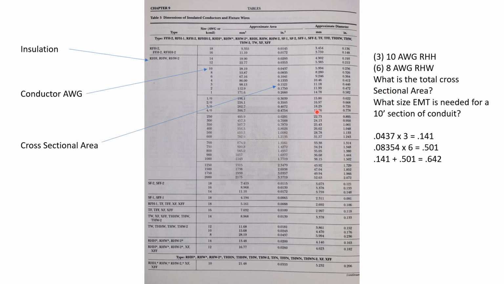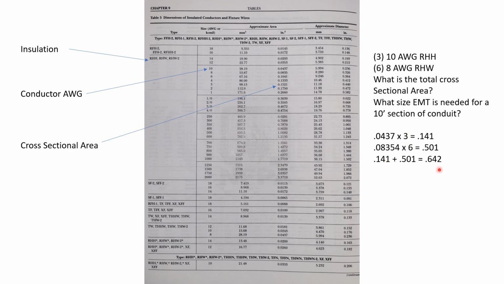Then we have 6 number 8s. Once again, this is RHH and RHW, so we're in the right area. We go to number 8, and we have 6 of them. So it's 0.08354 times 6, and we get 0.501.